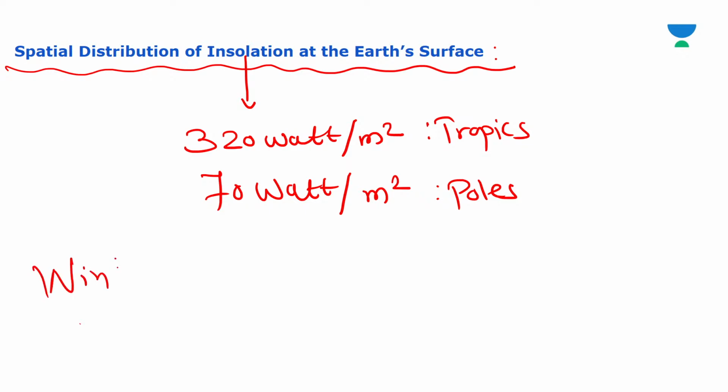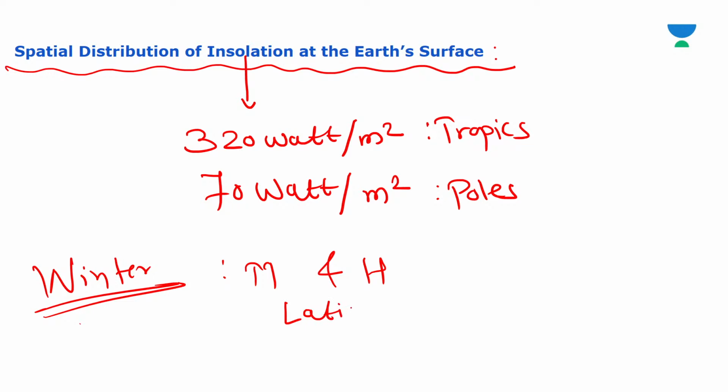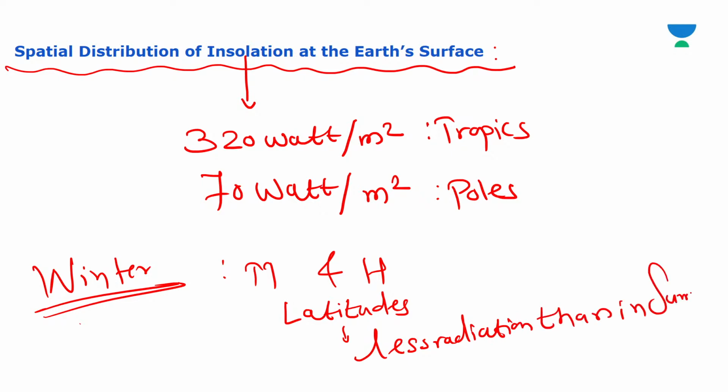So in winter, the middle and higher latitudes receive less radiation than in summer.